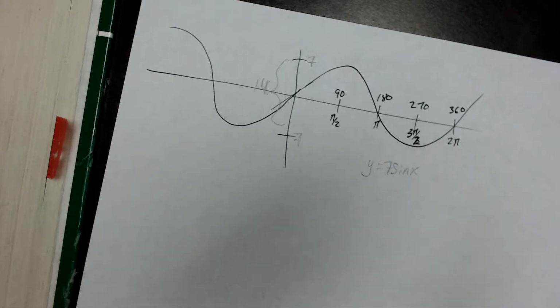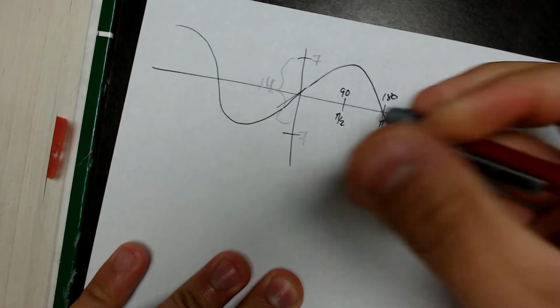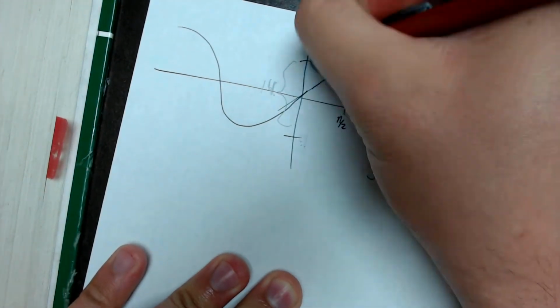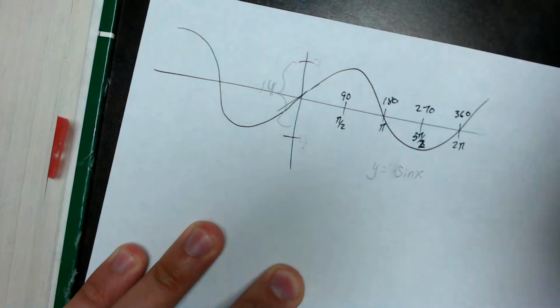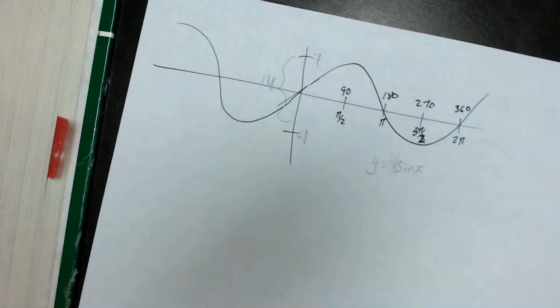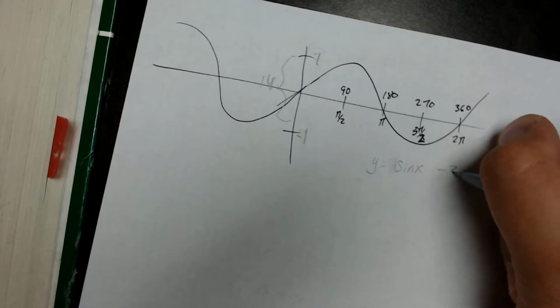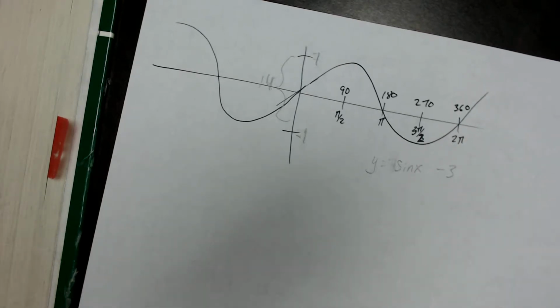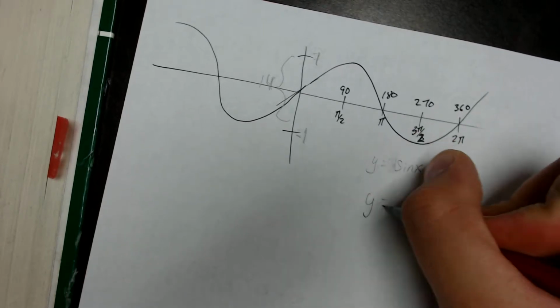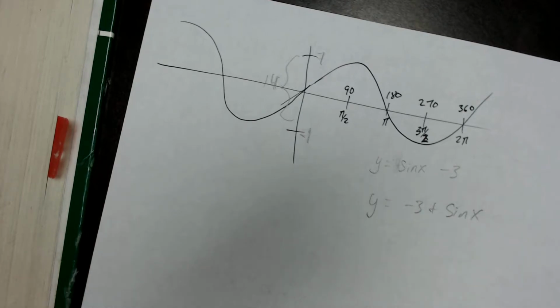So if we bring this back to just y equals 1 sine of x, and we're not doing a distance of 7 from 0, this is just 1 and -1. If we wanted to shift it down 3, I just take sine of x minus 3, or the other way to write it would be y equals -3 plus sine of x.